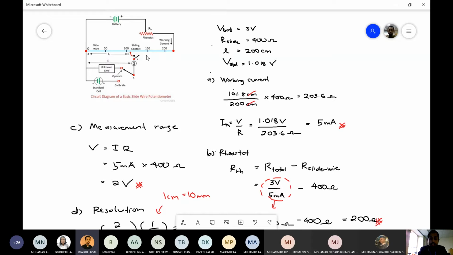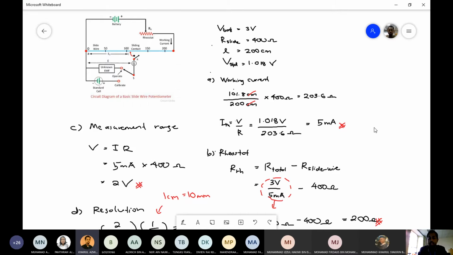Okay, now to ensure that the current is set to 5 milliamps, we need to determine the value of the rheostat. So the value of the rheostat, the resistance must be the total resistance minus the slide wire resistance. So the total resistance is the voltage from the battery divided by the total current.